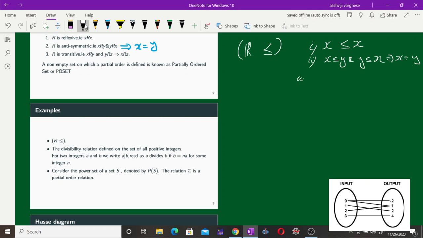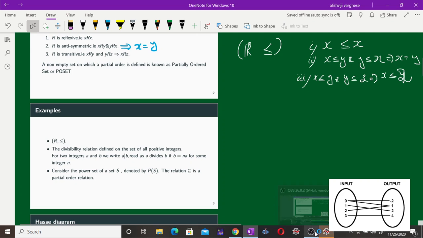And the third case, x less than or equal to y and y less than or equal to z implies x less than or equal to z, for any three real numbers x, y and z taken from the set of all real numbers. So it has all the three properties, and therefore R together with less than or equal to is a partially ordered set.